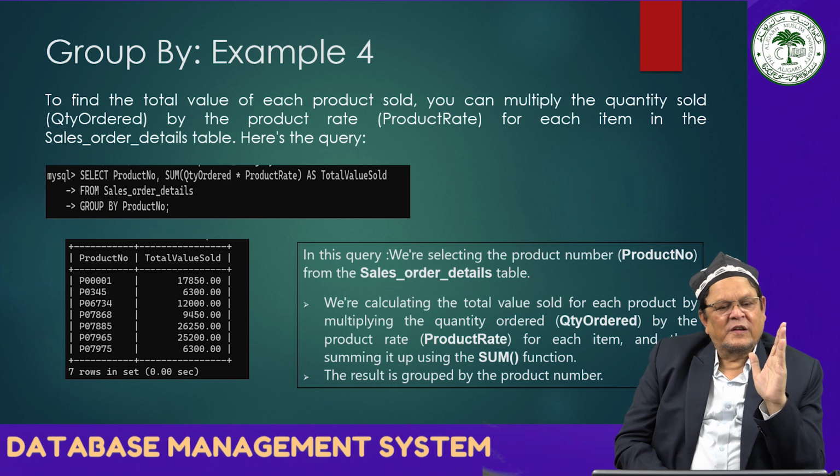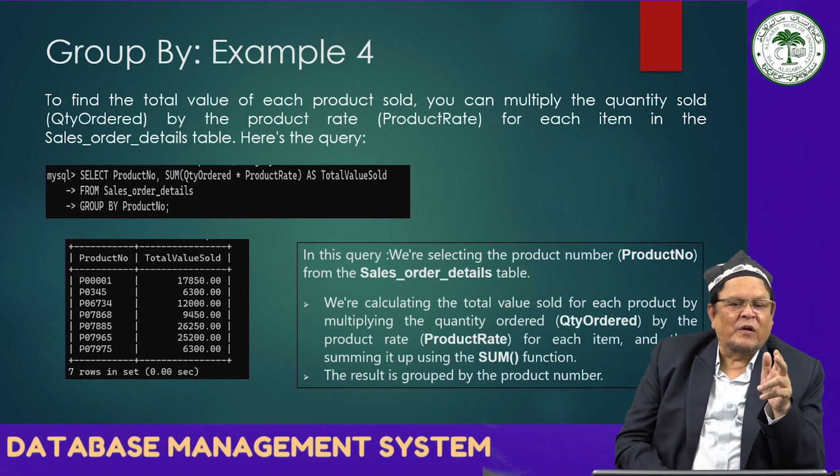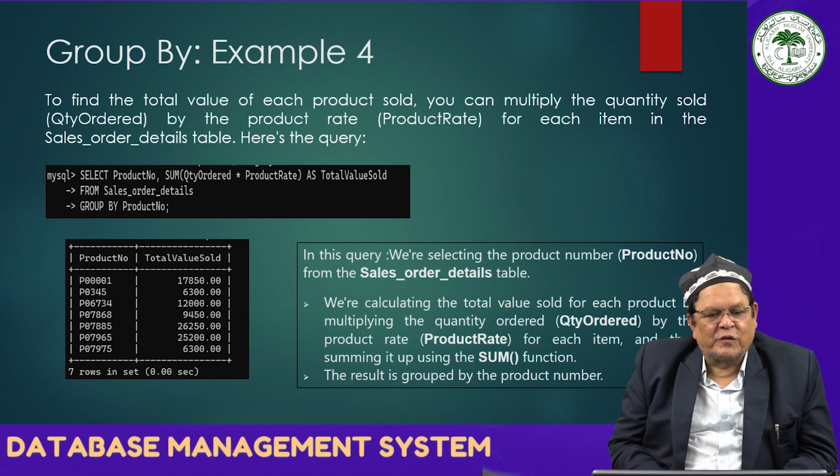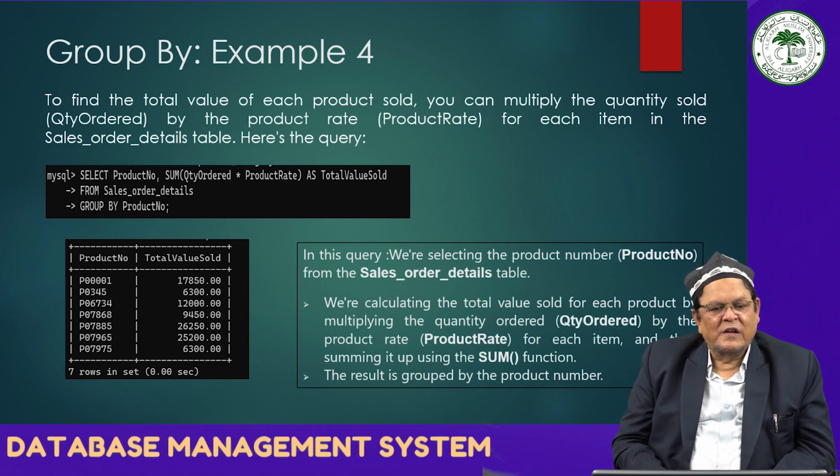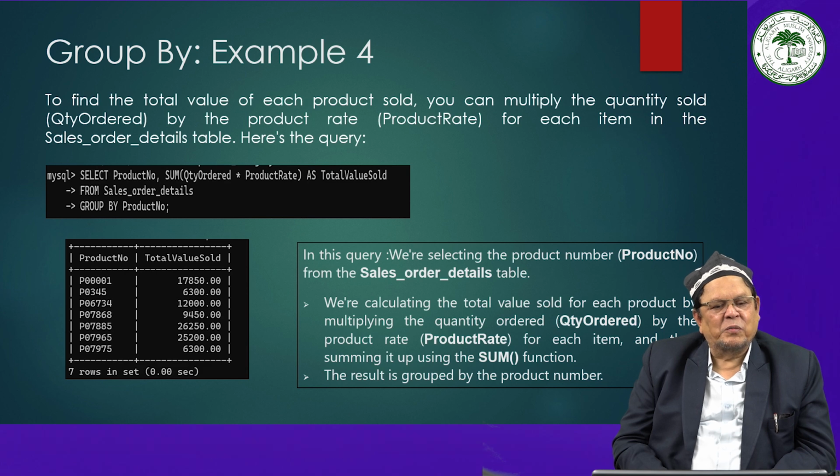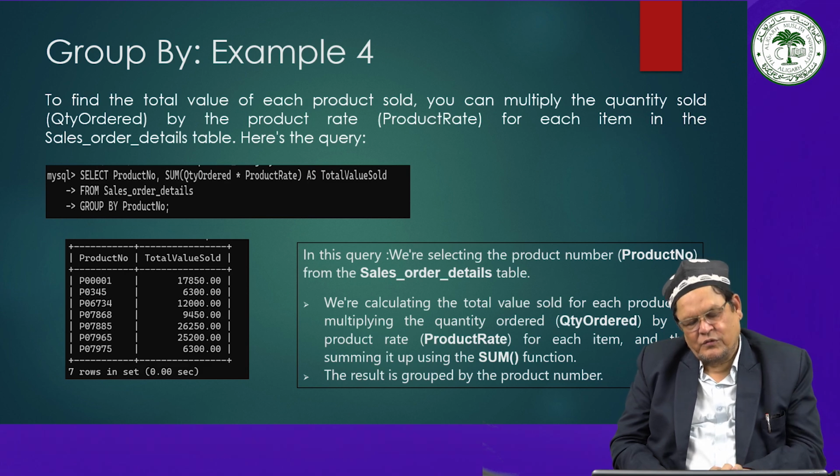Here it will be product 001, 17,850, 6,350, 12,000, 9,450, 26,250, 25,200, 6,300. It will display like that, the total value sold.